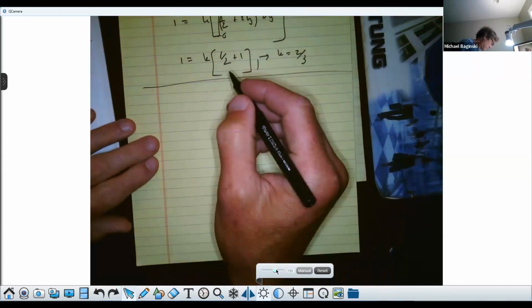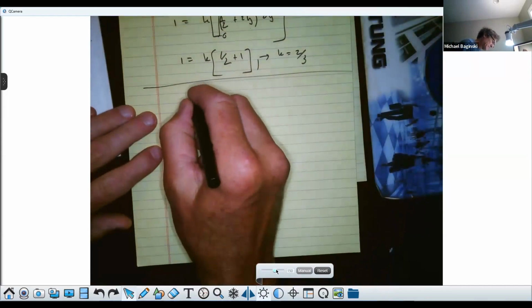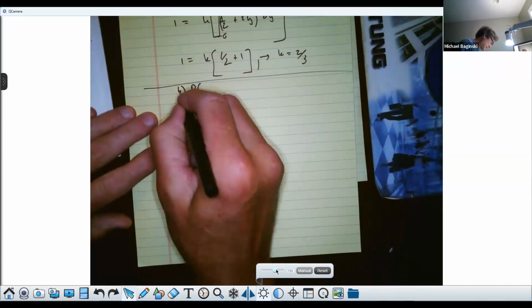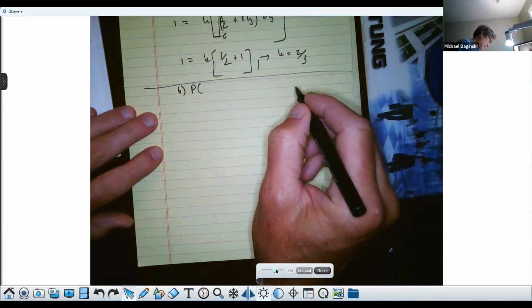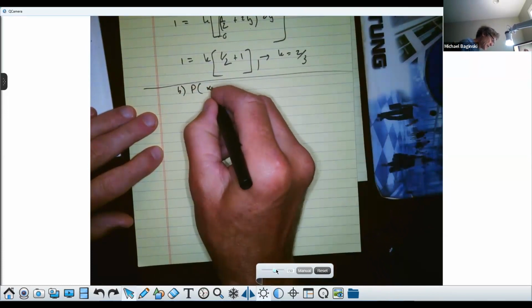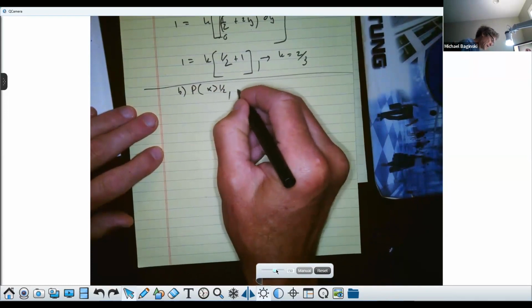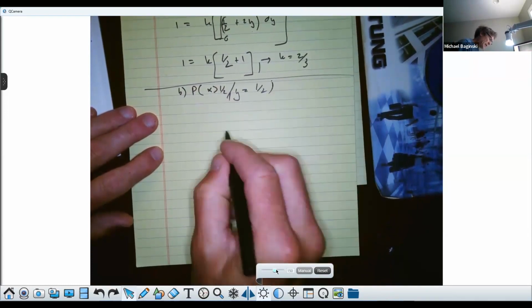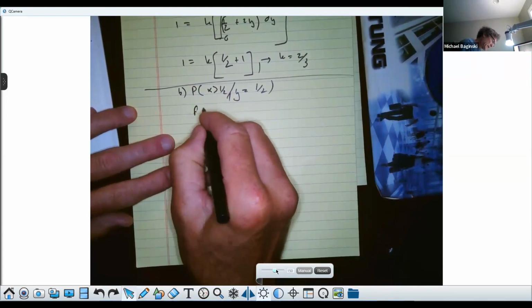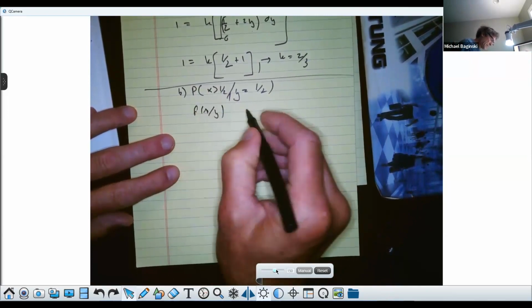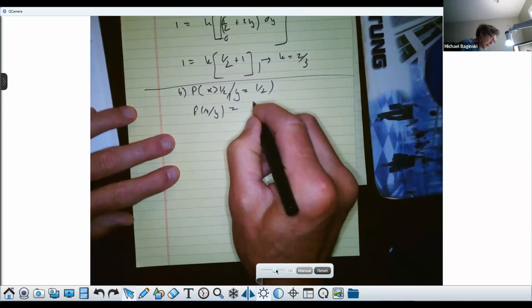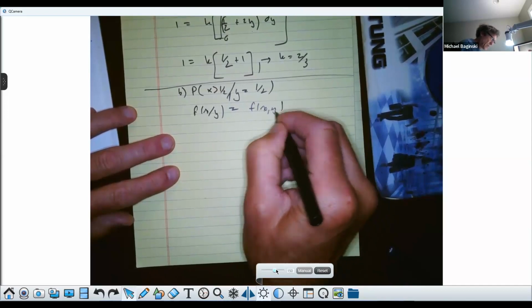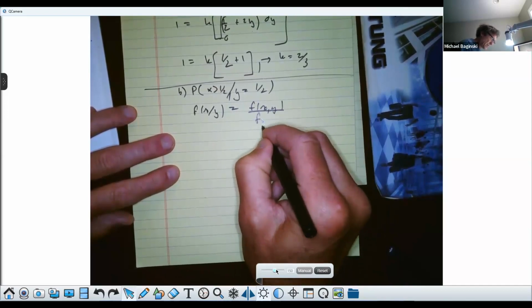Now we want the probability, part B, that x is greater than 1/2 given y equals 1/2. So what I'm going to get is f of x given y. I'll just restate it: that's f of x comma y over f y of y.